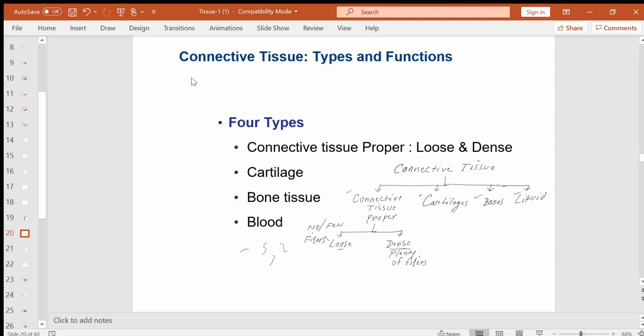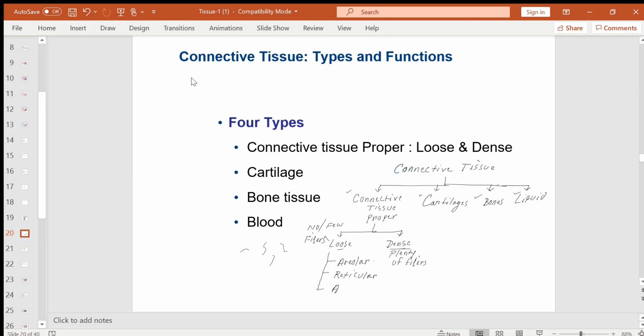Now, loose is divided into three types: loose areolar, loose reticular, and loose adipose.